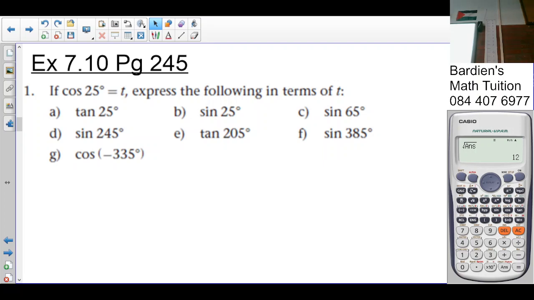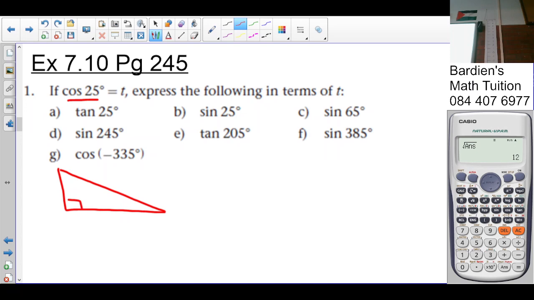So if cos of 25 is equal to t, what can be done here? Of course that's in the first quadrant, so I don't have to draw it. So we go here, this angle is 90, here 25. What does cos stand for? Adjacent over hypotenuse.